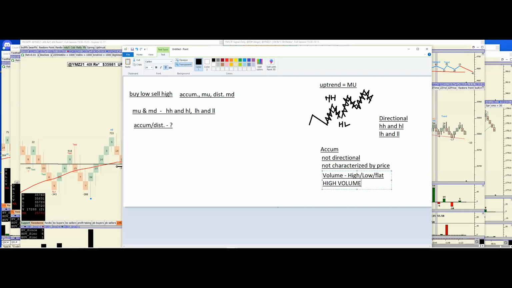That's the chief characteristic of accumulation and of distribution on the left-hand side. I'm not going to go into the right-hand side and the low volume test and all that. But when accumulation is occurring, it is buy low. When you buy low, you buy a lot, many. Therefore, it is characterized by high volume.